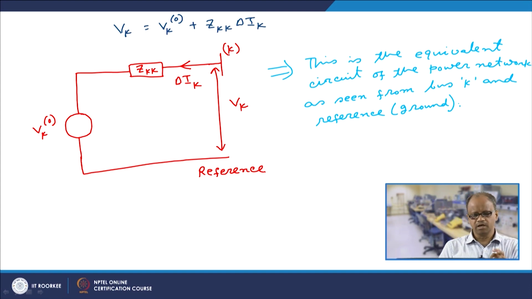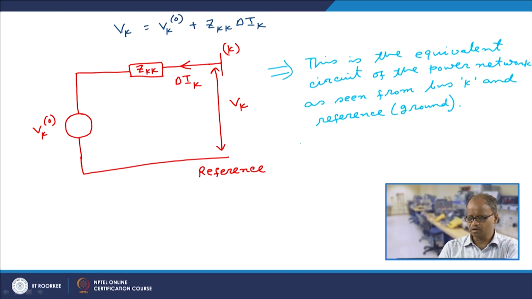In this case there is no current source, there is only one voltage source, that is this V K naught. So, if we wish to calculate this Thevenin impedance, we simply short it. Once you short it, the equivalent impedance as perceived from bus K would be nothing but Z K K.